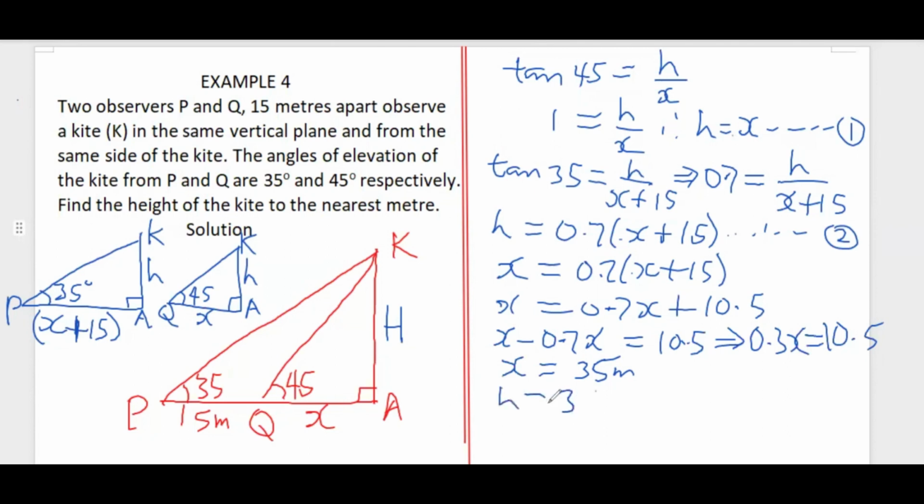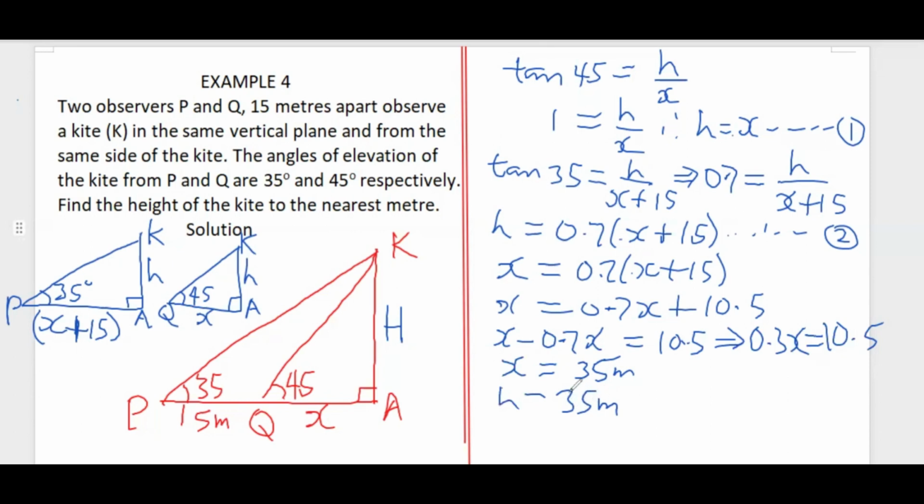H equals 35 meters. So we have this answer. And you can see they said to the nearest meter. That means in the first place, this 0.7, I should have even written 0.7002, and by the time you approximate, the whole answer will still converge to 35.